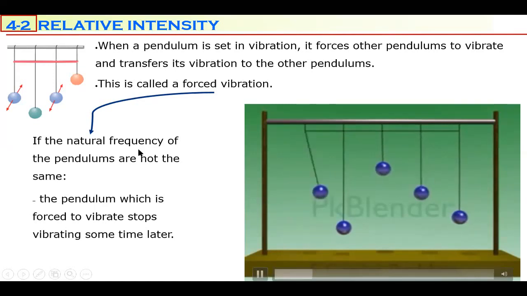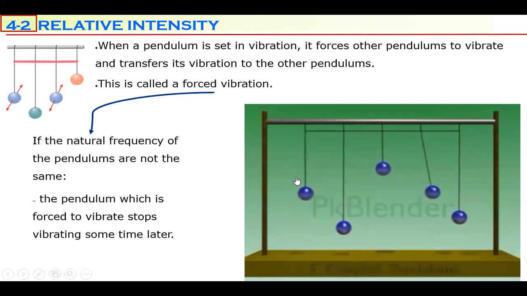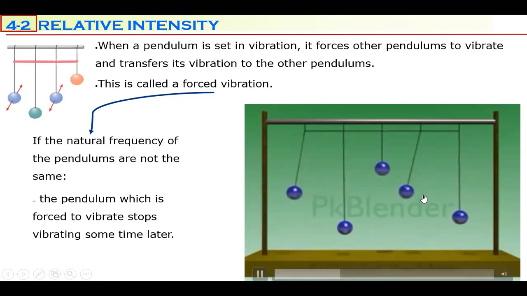Because their lengths are equal, their frequencies of vibration are equal. If the natural frequencies of the pendulums are not the same, they force each other, and the pendulum which is forced to vibrate stops vibrating some time later. These three have a different natural frequency than that one. They will vibrate a little and stop, vibrate a little and stop.